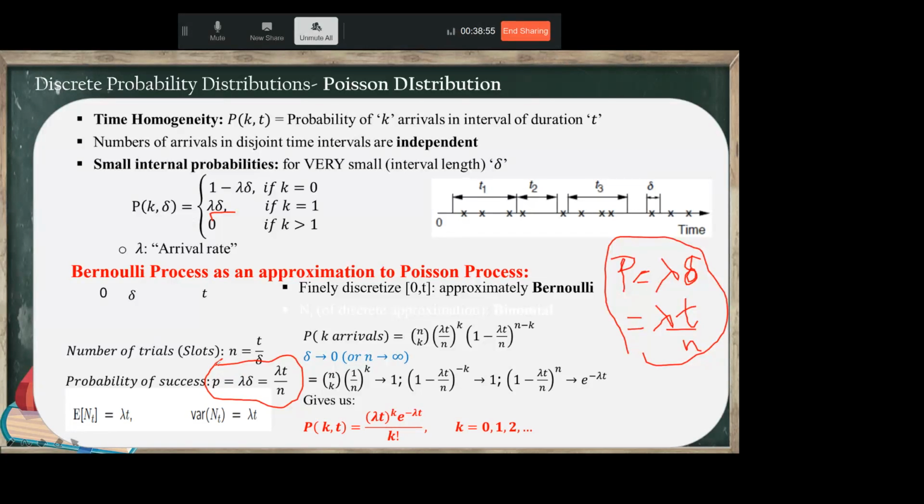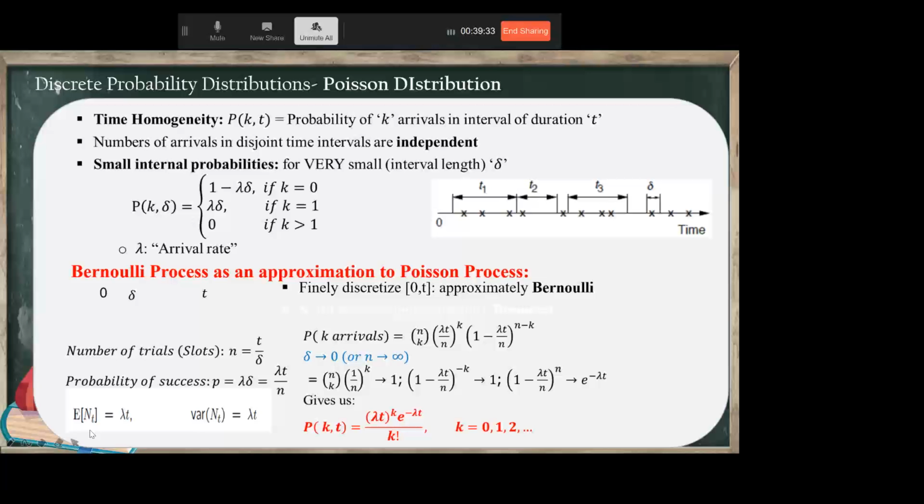Do you understand this? So we use n and p, and we define a binomial distribution. Now here I'm talking about the probability of k arrivals. That's the event. So it will be given as n combination k, meaning how many ways k can be drawn from total n, and of course p. Now this is a binomial distribution, right?